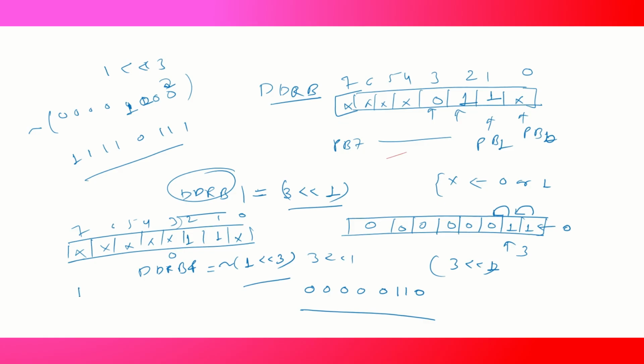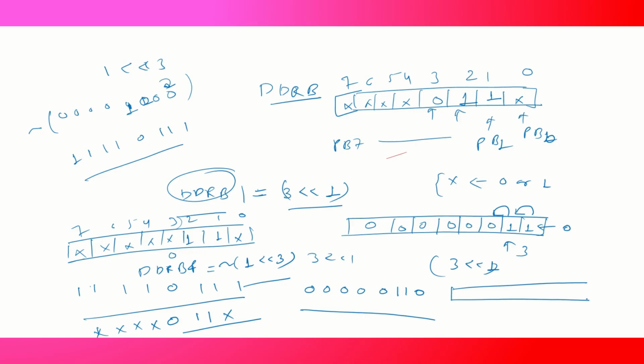This AND operation will give the result X X X, and then this will become 0, and this will remain 1 1, and then X. So the final contents of DDRB will be X 1 1 0 X X X and X.